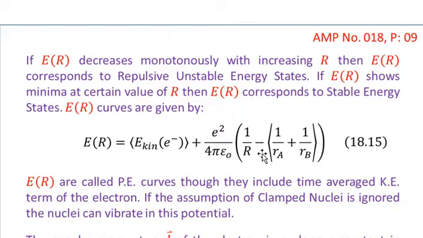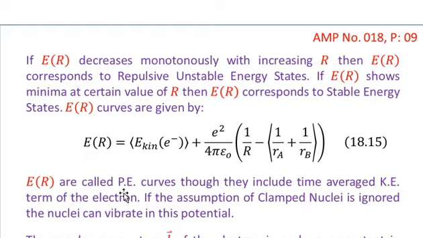Then we have minus the average of 1 over RA plus 1 over RB, which represents the attractive potential because of the negative sign with it. Here 1 over RA plus 1 over RB has been averaged over time.